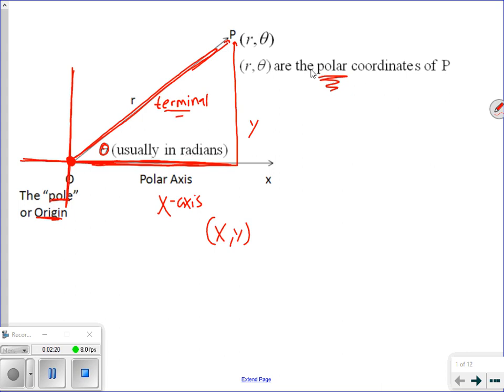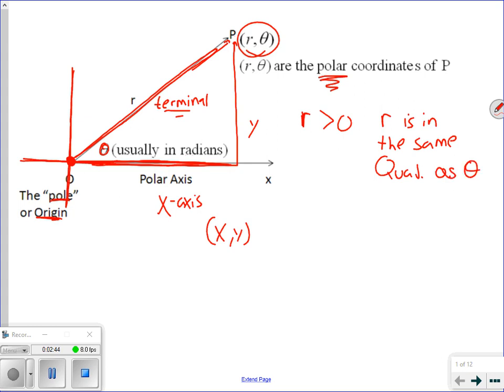Okay. Now we're going to be plotting a lot of these points here in a second, but just a couple things that I would like to note before we move on. If our radius is positive or greater than 0, r is in the same quadrant as theta.